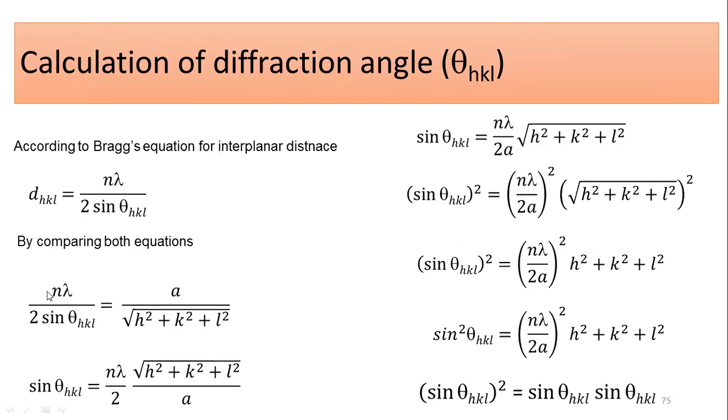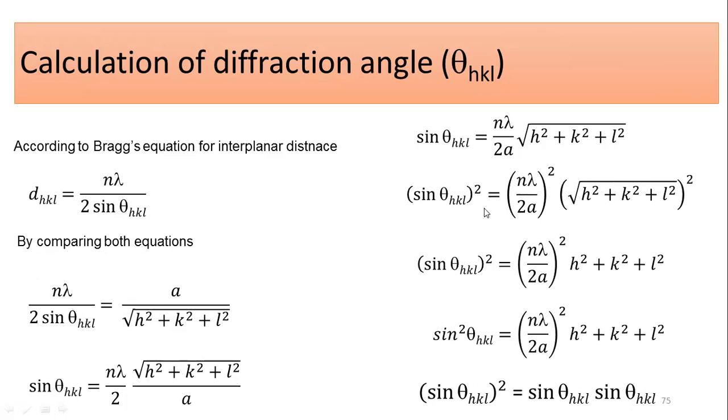Let's suppose that by comparing both equations, you can get the value of sine theta over here. With this rearrangement, you divide the whole equation by n lambda over 2. This will become the reverse, so sine theta will be equal to this.